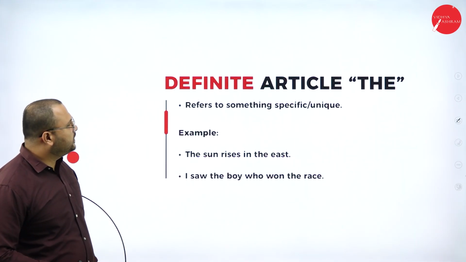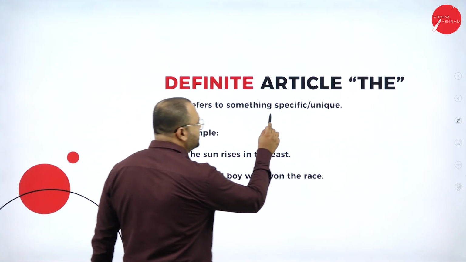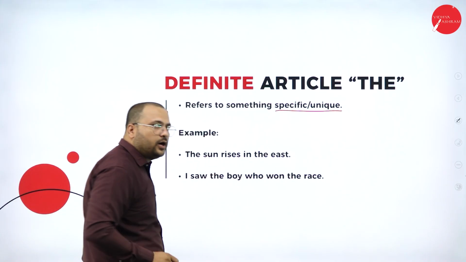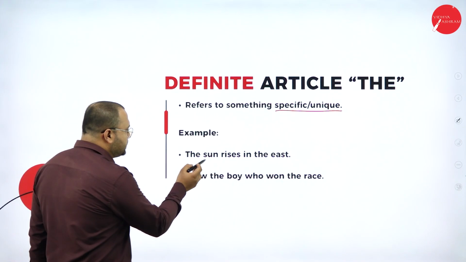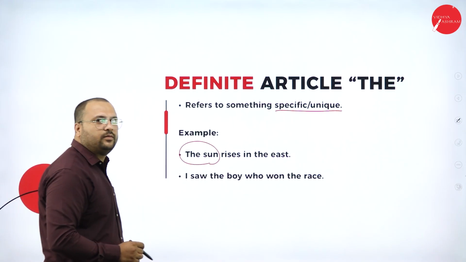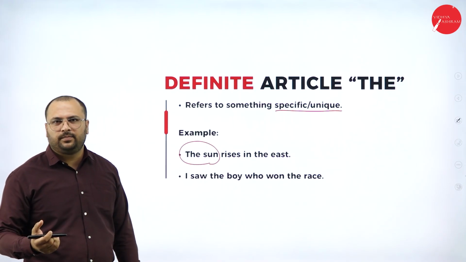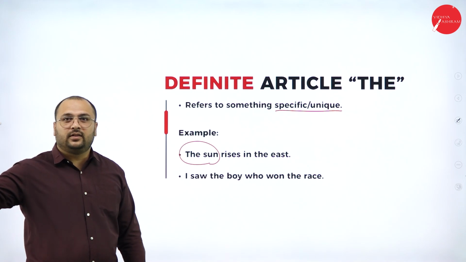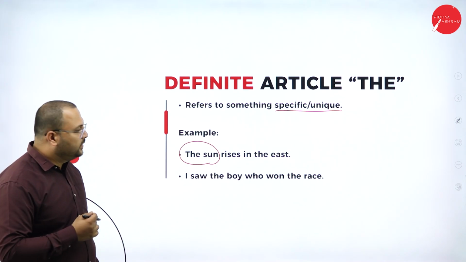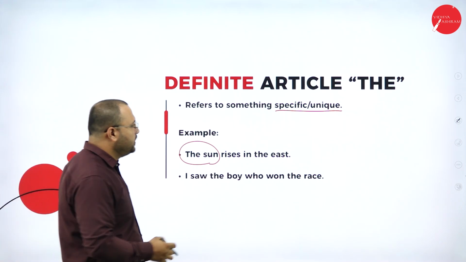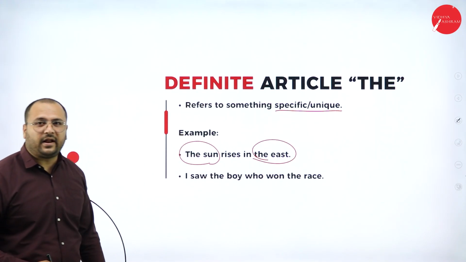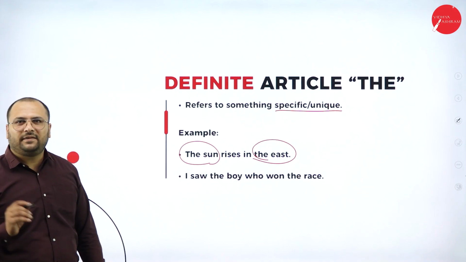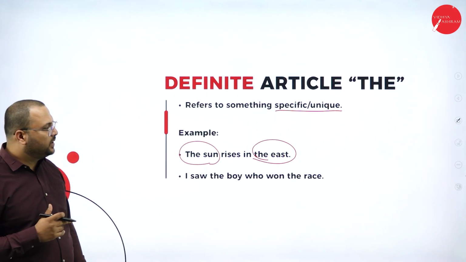Definite article the. It refers to something specific, unique, or which you are familiar with. Example, the sun. We have only one sun in the entire universe that we are familiar with, the sun. Therefore, when you write, the sun is how you should write. In the east, we know there is only one east direction for us. So therefore, it's definite. There is no confusion, the east.